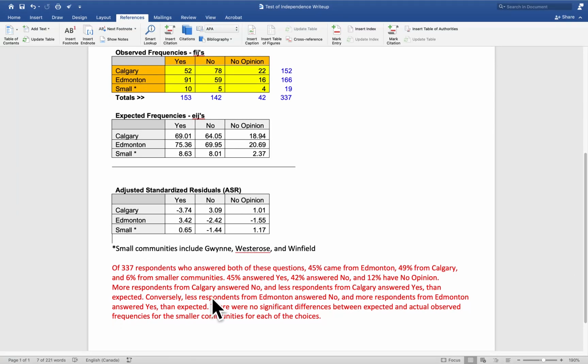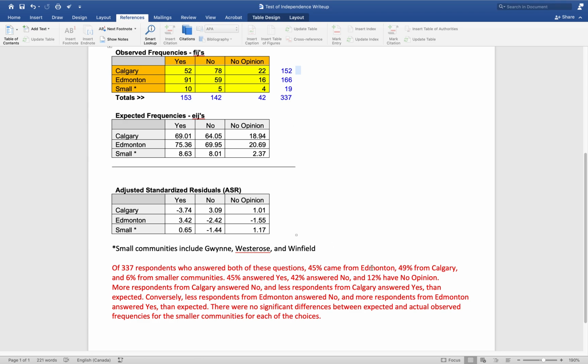So down here, you start here with the marginals. And so this one here then is saying of 337 respondents who answered both of these questions, 45% came from Edmonton. So you'd get out your calculator and figure out that 166 here came from Edmonton and 49% from Calgary.